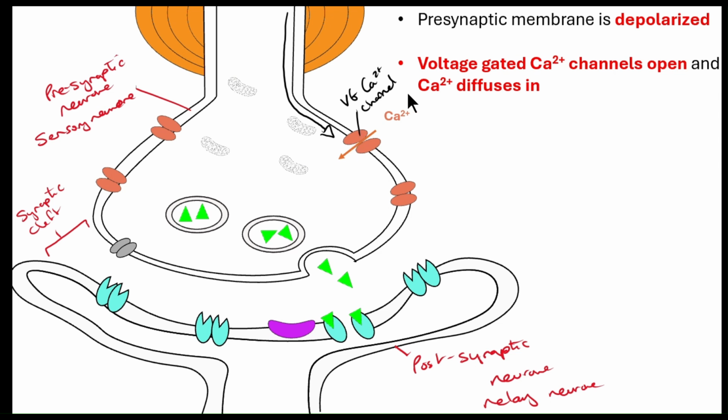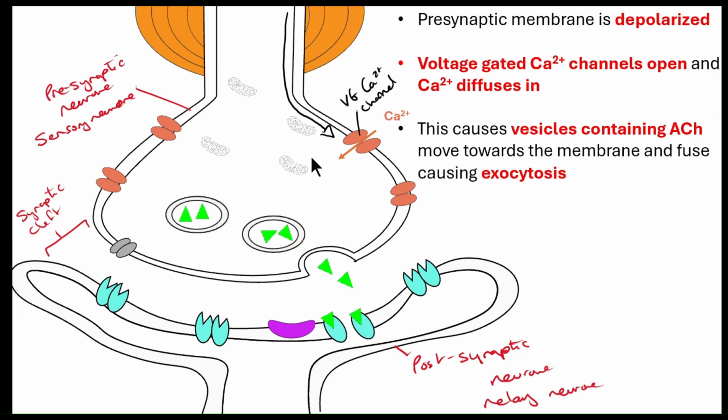Now, when the calcium diffuses in, those calcium ions will cause the vesicles containing the neurotransmitter to move towards the membrane. And when they move towards the membrane, that will result in exocytosis occurring, where our neurotransmitter, acetylcholine, is going to be released into the synaptic cleft.